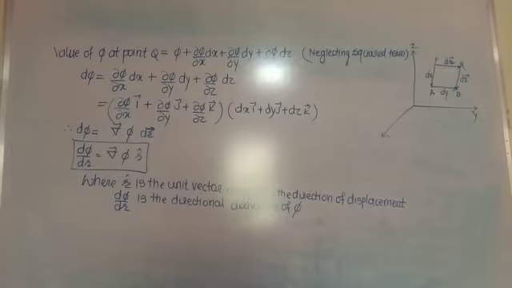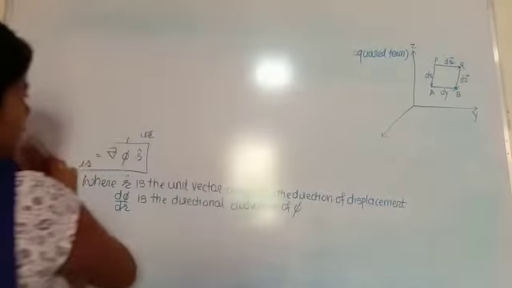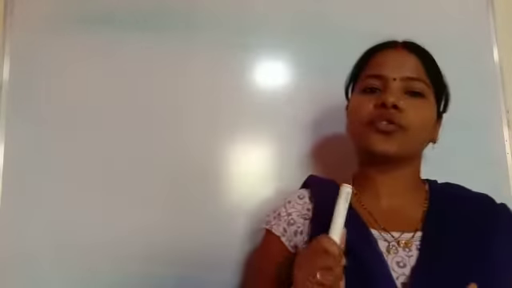And we know that the curl is the vector product, that is the cross product, of the operator and the vector field. Okay. So we have the divergence of a vector and the gradient of a scalar.